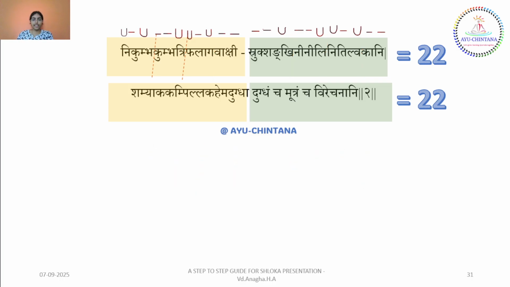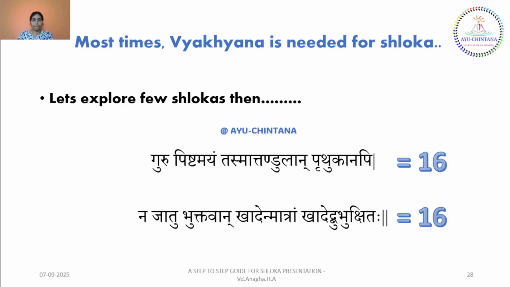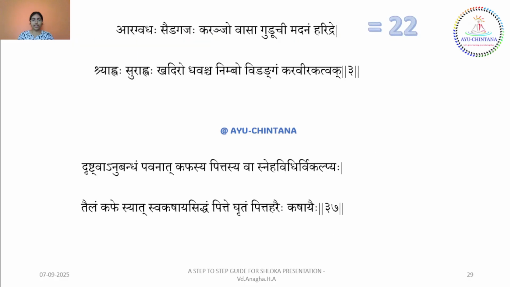We had taken one example right here before. So let's go back to this slide. Guru Pishtamayam Tasmat Tandulan Pruthakanapi Najatu Bhuktavan Khaden Matram Khadet Bubhukshitaha. This is how you chant it.